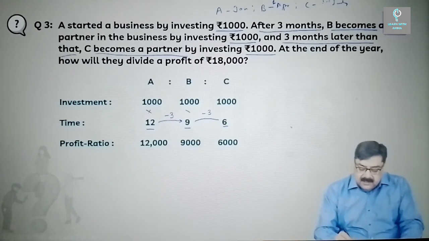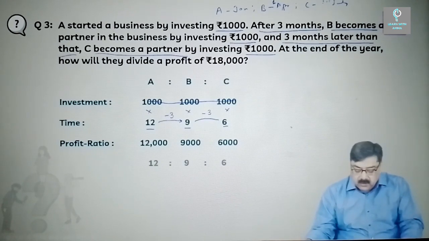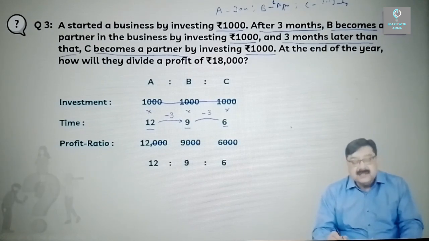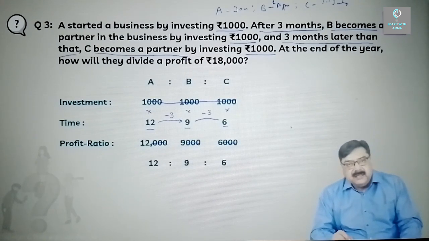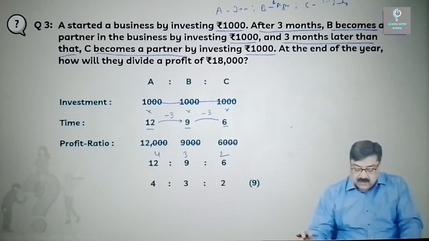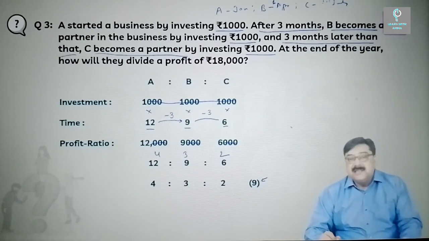So multiplying these, you can cancel these because they happen to be the same. So ultimately it works out to be 12:9:6 as these zeros get cancelled. All these 3 figures are divisible by 3. So 3 4s are 12, 3 3s are 9, 3 2s are 6. So 4:3:2. The total ratio points, as we know, is 9.